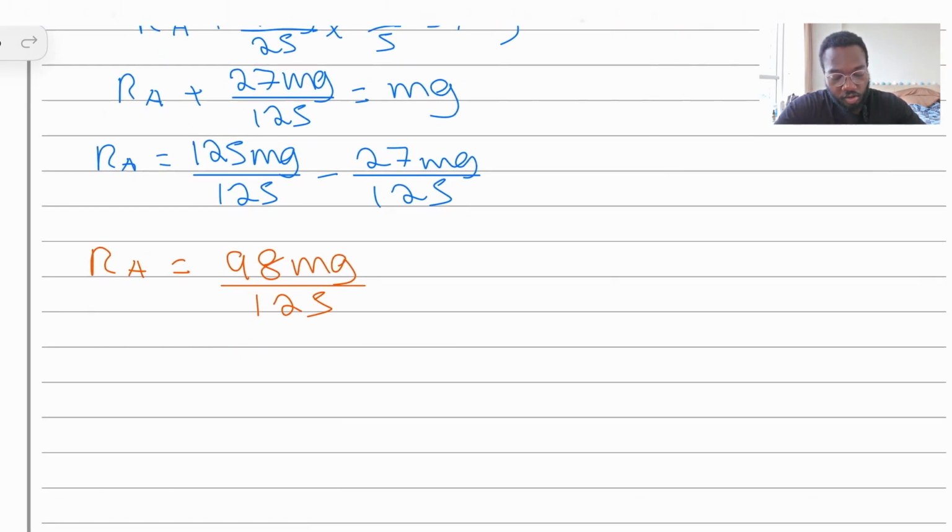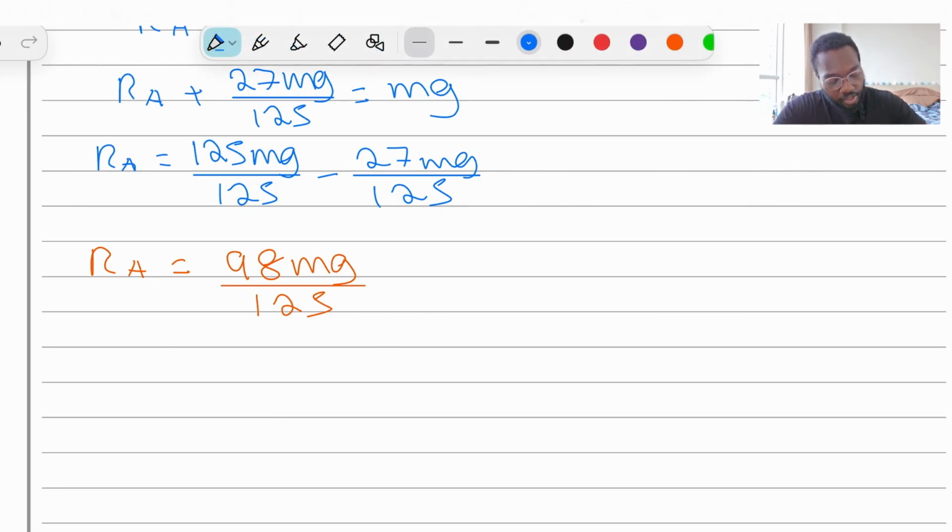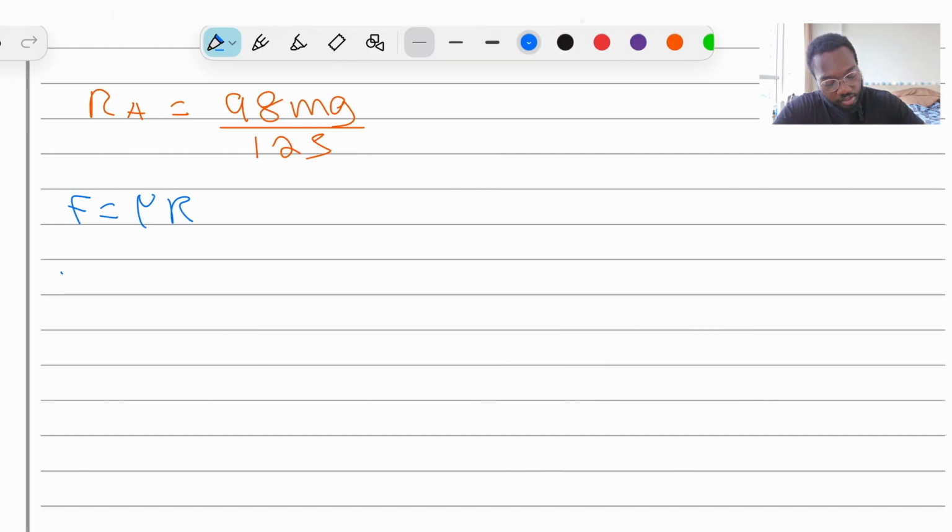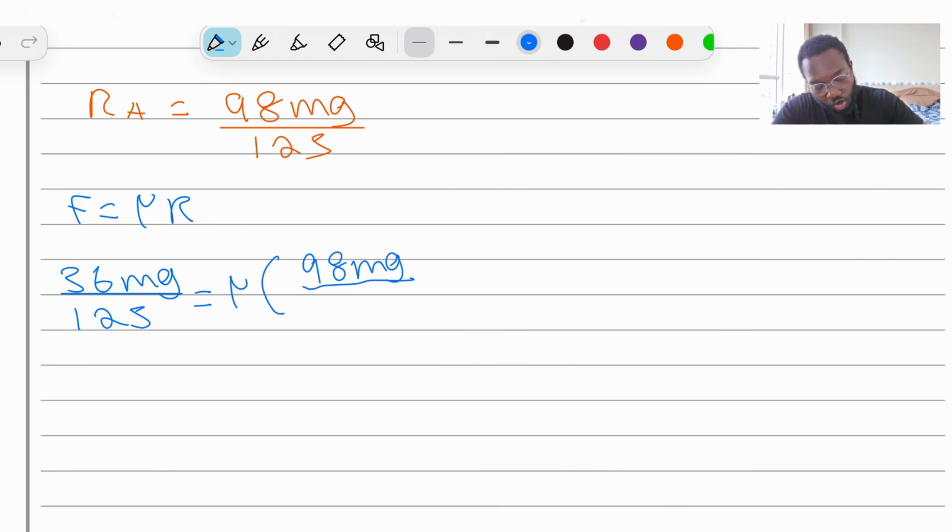Therefore, we know that F is equal to mu R. So we know that 36 mg over 125 is equal to mu times 98 mg over 125.